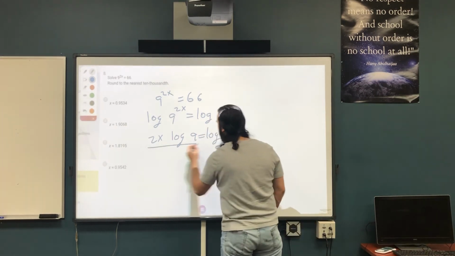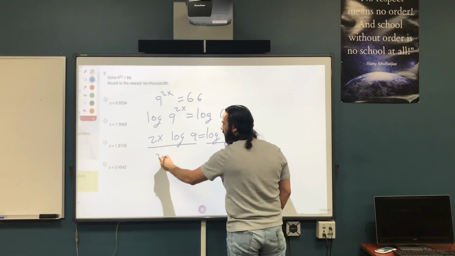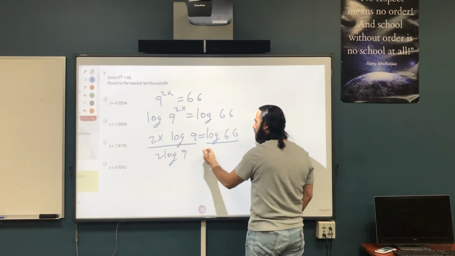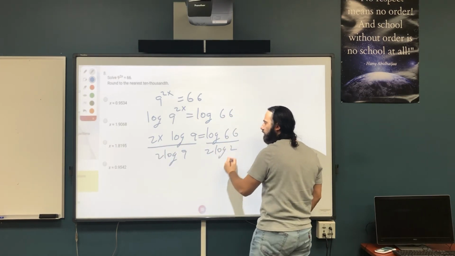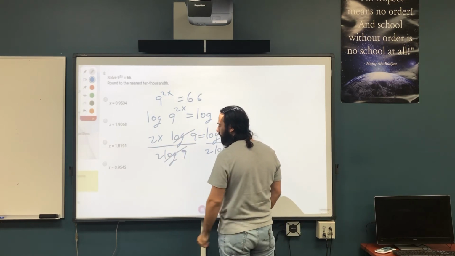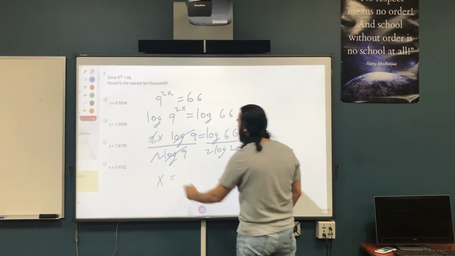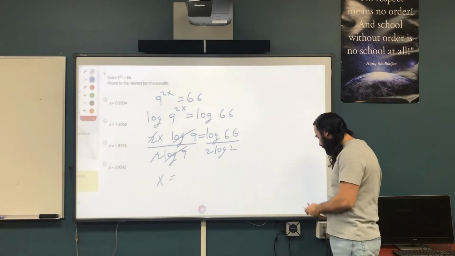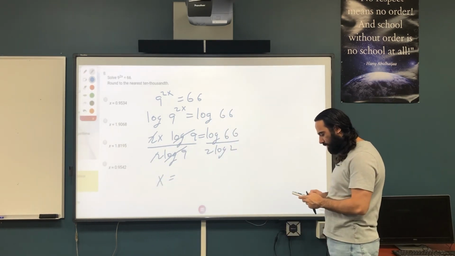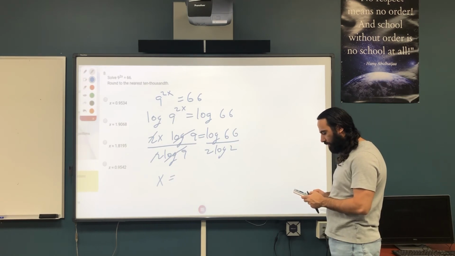Now we need to isolate x, so we divide both sides by 2 log 9. So log 9 cancels out with log 9, the 2 cancels out with the 2. I'm left with x equals log 66 divided by 2 log 9.